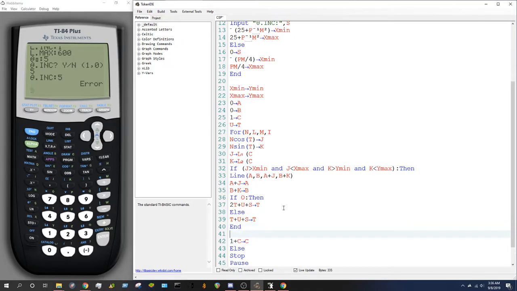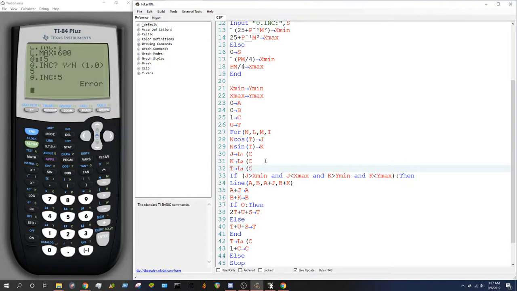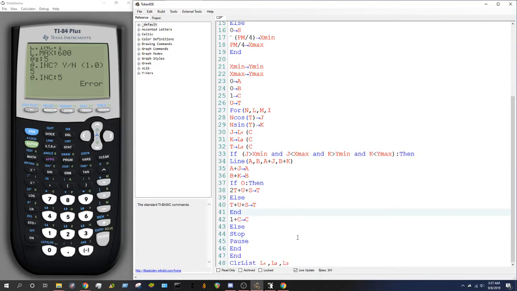Increase the counter there, and also L3 of C is now going to be T. Actually, that should be set in the front because this makes more sense that way. Okay, so now I also have that.